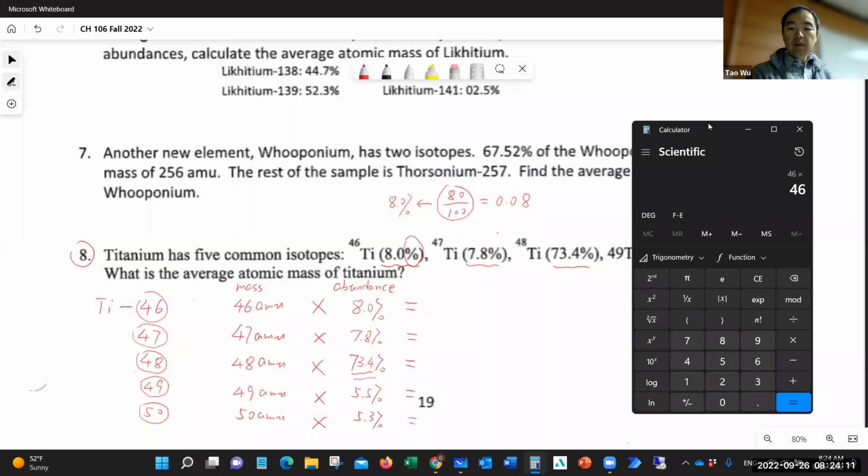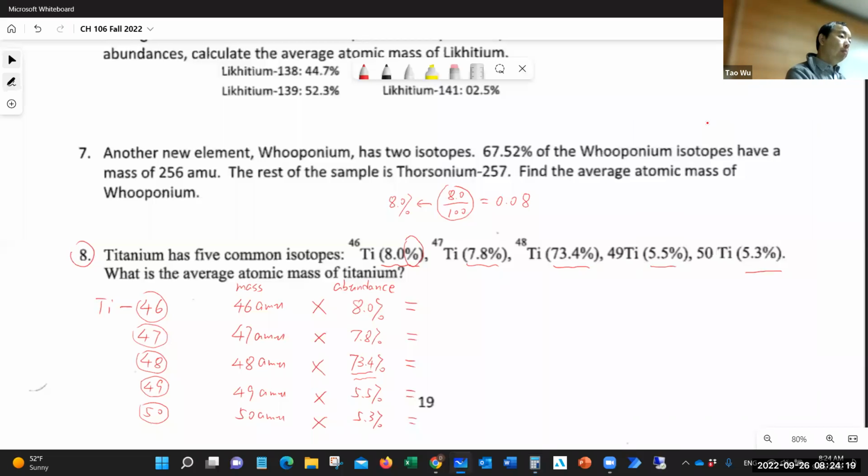46 times 8.0 divided by 100. So we got 3.68. Again, the percent sign for the abundance is very important. This number is smaller than 1, so once you multiply the mass by a percentage, you should get a smaller number than the mass.